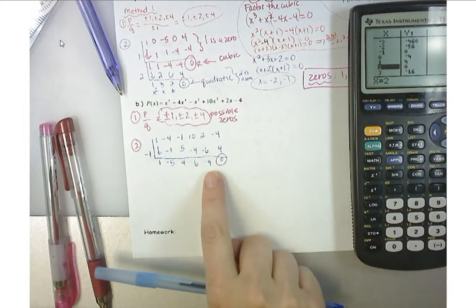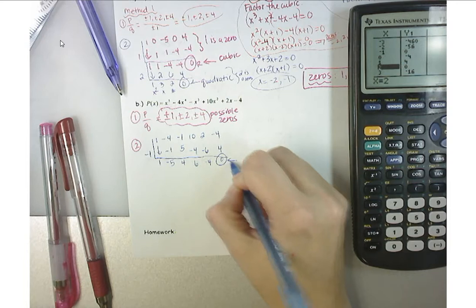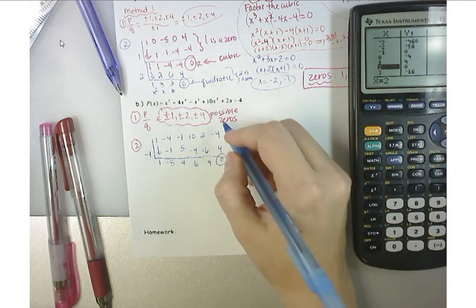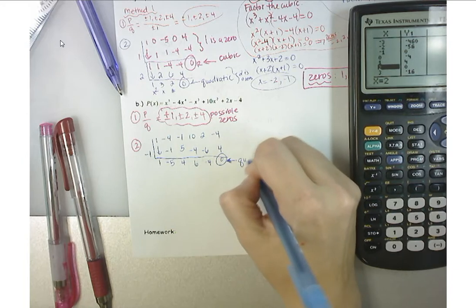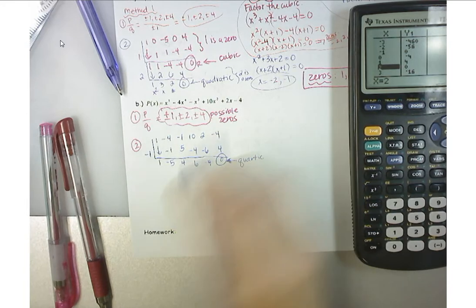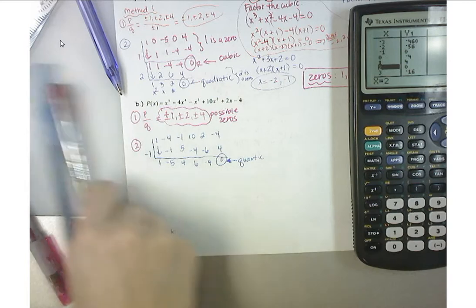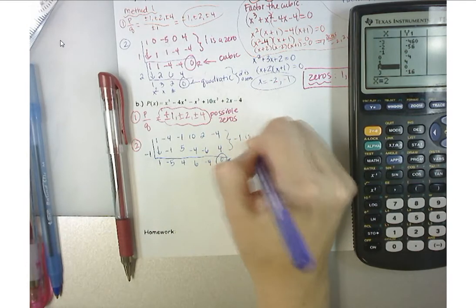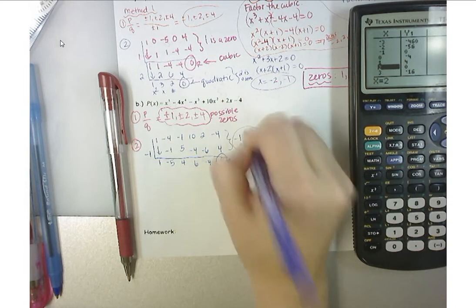Do I have a quadratic here? Nope. What do I have? Yes, a quartic. Okay, so this is a quartic, and then -1 is a 0. Okay, so we know that is going to be a 0.